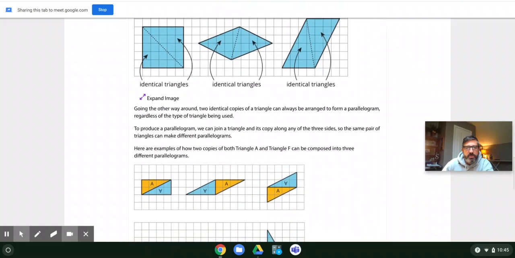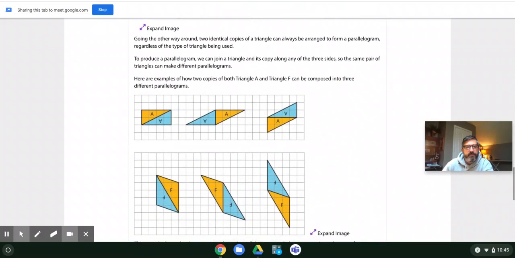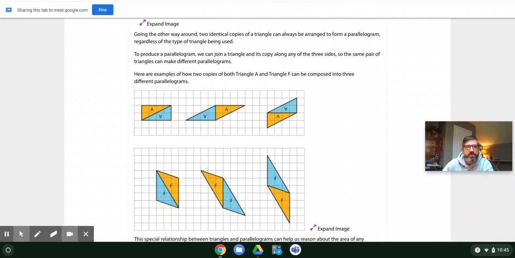So also, we saw that we can compose a parallelogram or a rectangle out of two identical triangles. So as you see here, we've got this yellow triangle and we've got the blue triangle. Now we put those two together to produce a parallelogram, or to compose a parallelogram by joining those triangles together.